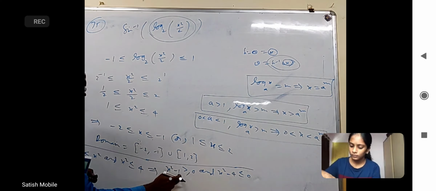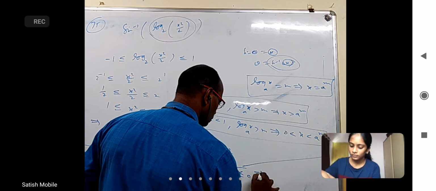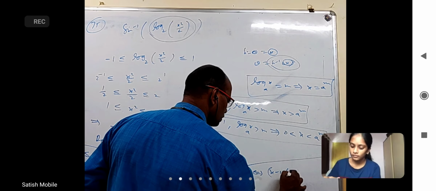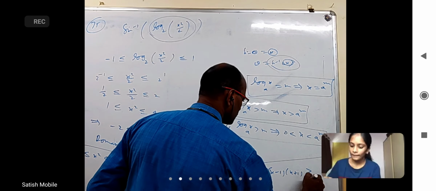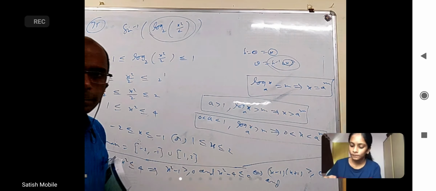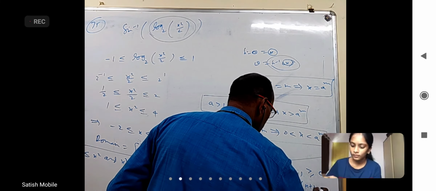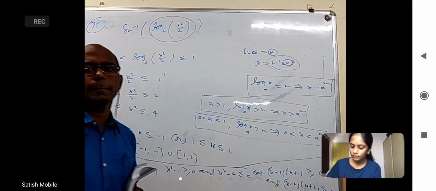This a square minus b square, I can write a plus b into a minus b. So this I can write x minus 1 into x plus 1 greater than or equal to 0. And this I can write x minus 2 into x plus 2 less than or equal to 0.